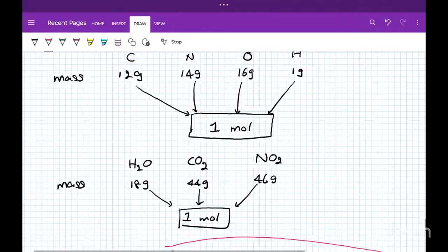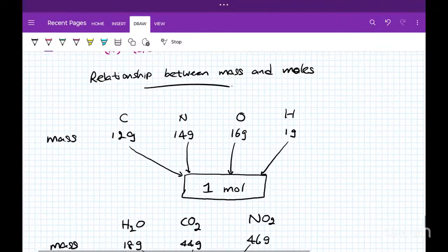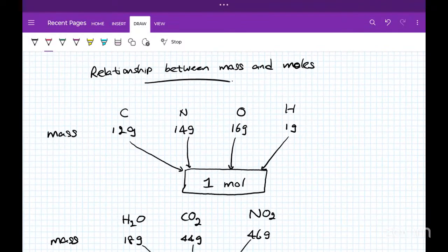Moving from the beginning, the relationship between mass and moles. You take any atom in terms of its relative atomic mass in grams, you are taking 1 mole of that atom. You take the relative molecular mass in grams for any molecule, that is equal to 1 mole of that molecule. So how to build the relationship between mass and moles?